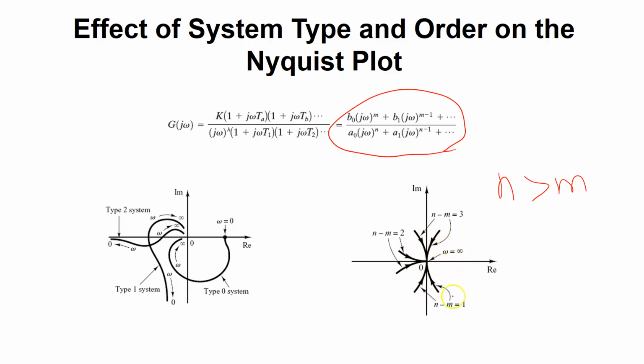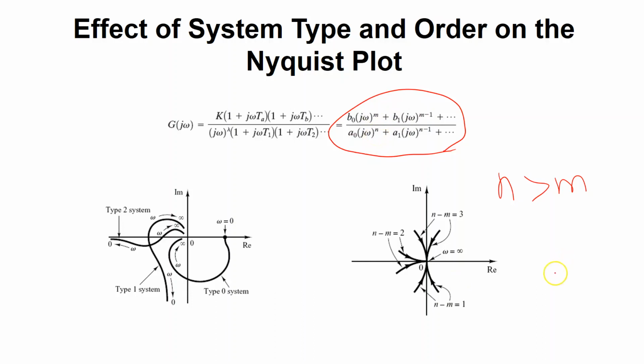So let's say n is bigger than m by 1, so n is 1 plus m. What happens? The only thing it would affect is the phase, because the phase of G of j omega is the phase of the numerator minus the denominator. When n is bigger than m by 1, what happens?